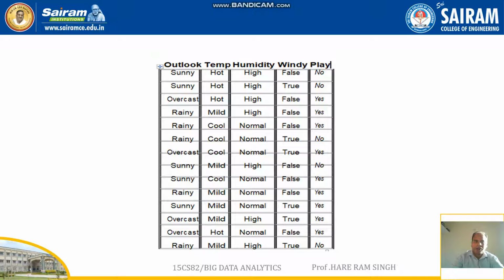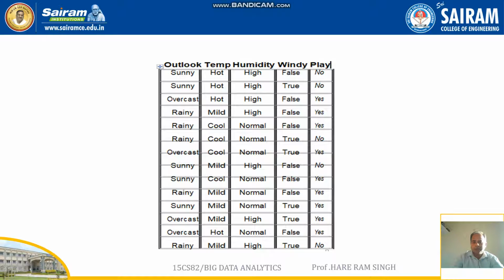Similarly, if the outlook is overcast, temperature is hot, humidity high, and windy false, in this situation the game is played. These are 14 situations in total in which in some the game is played and in some it is not. These are the trend data.